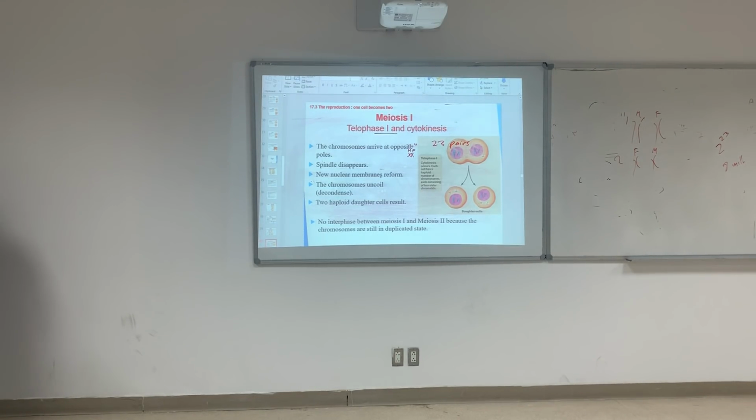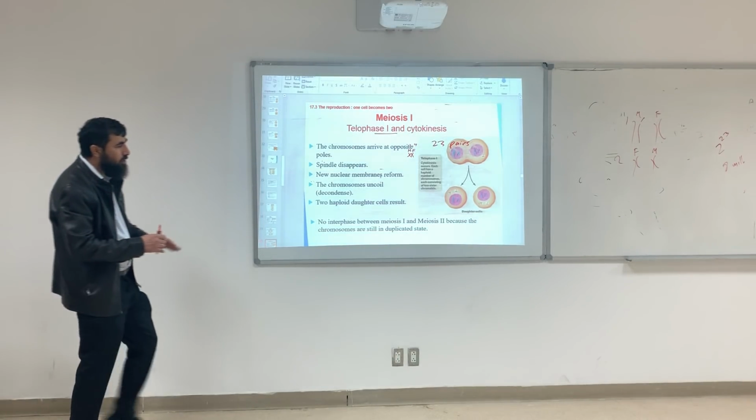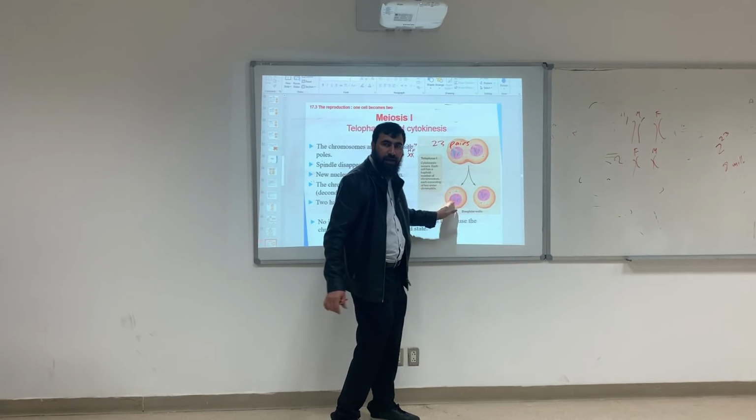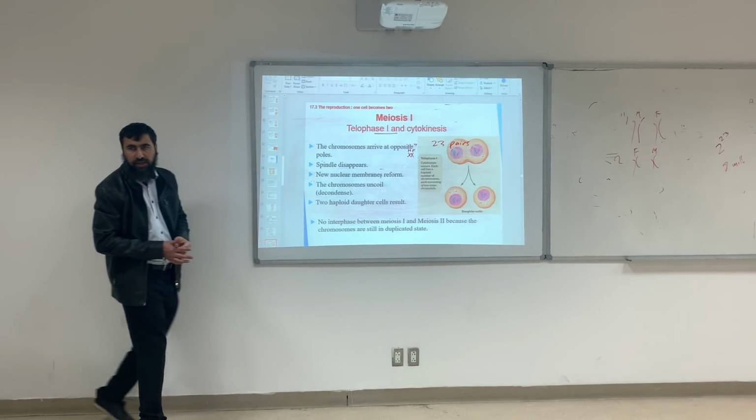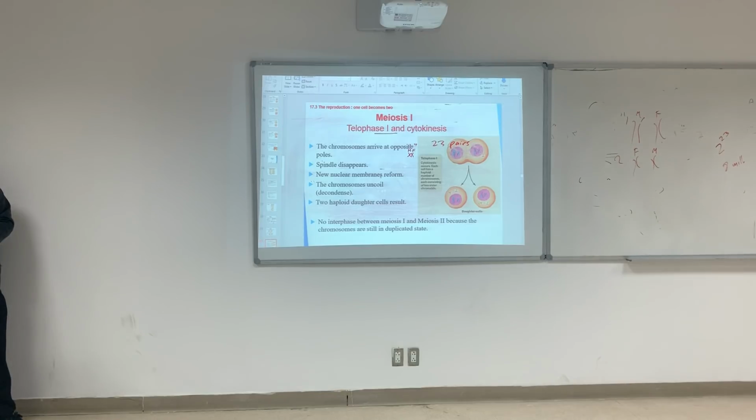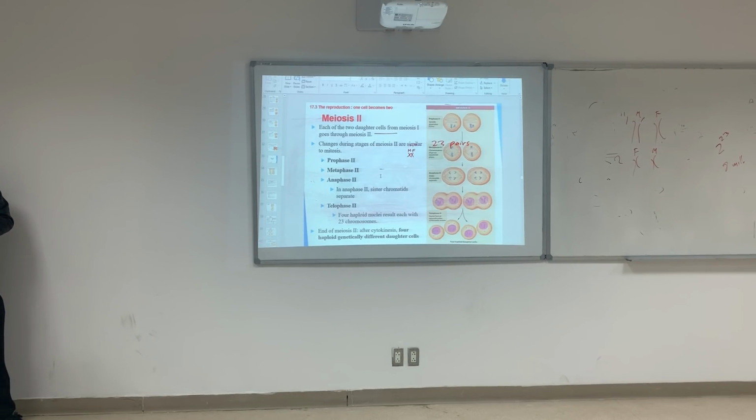Is the nuclear envelope surrounding the chromosomes also here? Yes. So everything will disappear and then it'll start again with the next round of division. So the nuclear membrane will appear again. It's the same as the prophase, okay? Okay, meiosis 2.